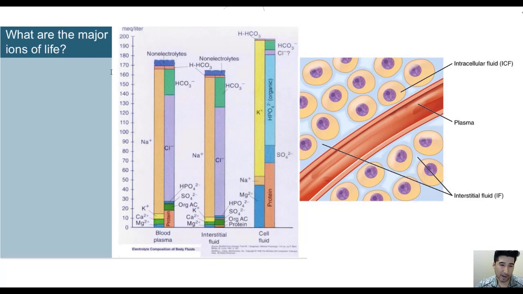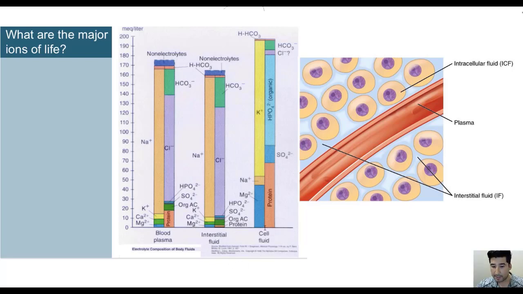Alright, so on the y-axis, you have the milliequivalents per liter. You can literally just think about this as concentration. So you can replace milliequivalents with moles per liter, and then boom, that becomes molarity. On the x-axis we have blood plasma, interstitial fluid, and cell fluid.